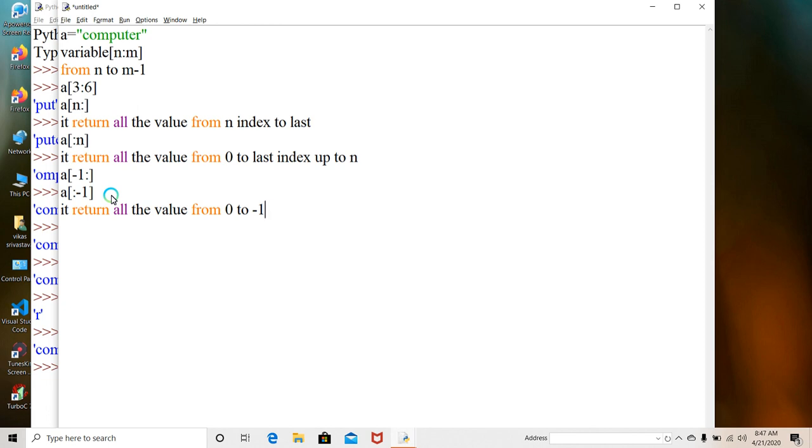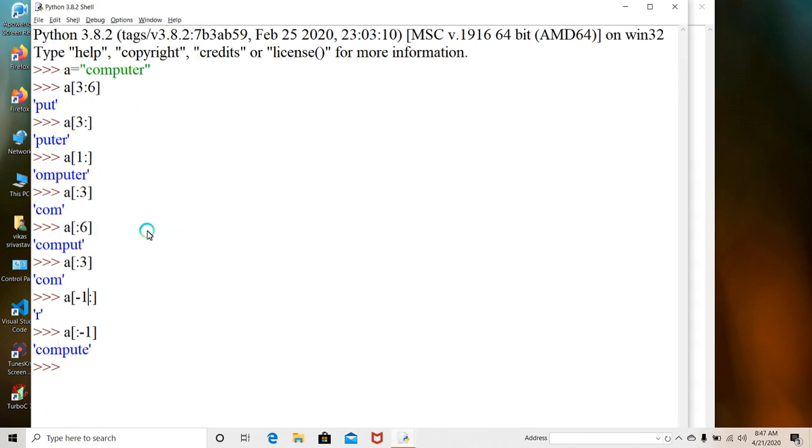So it will become equal to minus 2. Look here, minus 2 means from the right side minus 1 and minus 2. Minus 2 means up to the e. That's why it returns all the values up to the e.